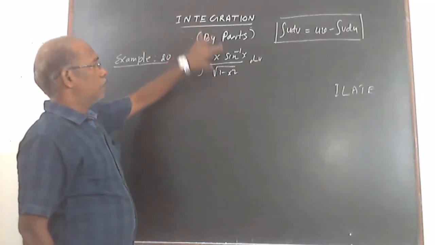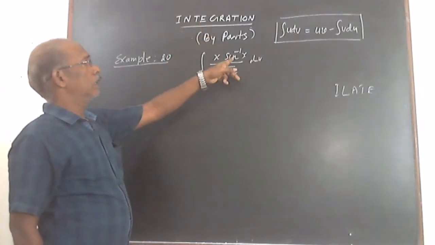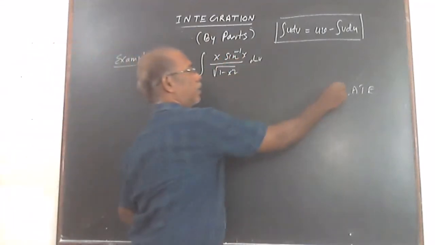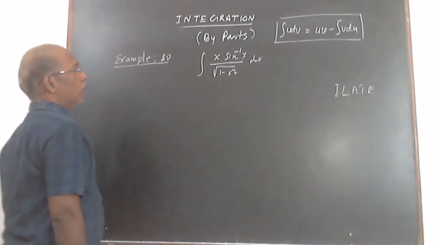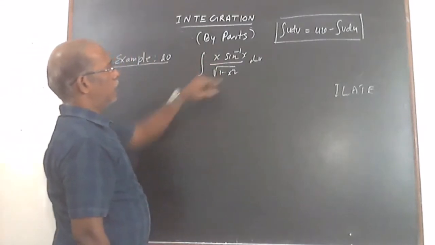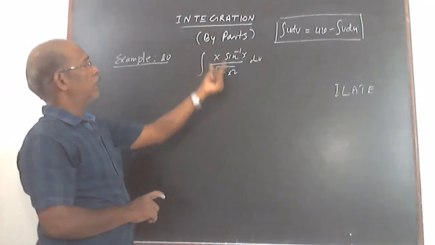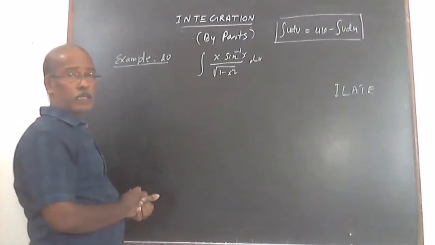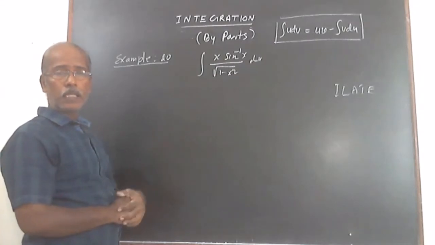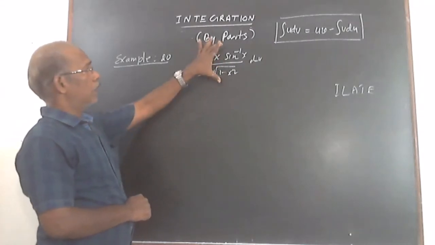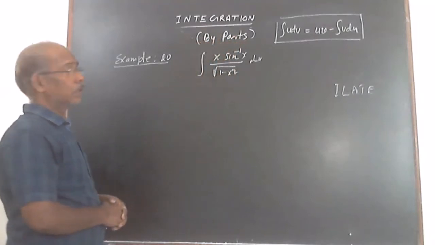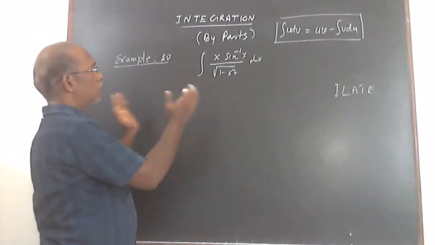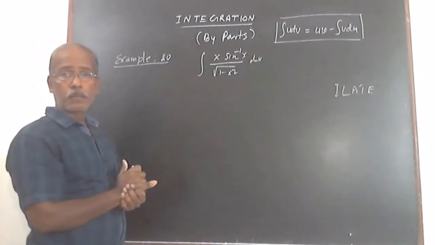Here there is an algebraic function, a square root function, and sine inverse x, an inverse trigonometric function. So there are three different natures. As we discussed earlier, in order to apply by parts we need only two different real functions in the integrand. So we need some initial steps to bring it to a product of two functions.